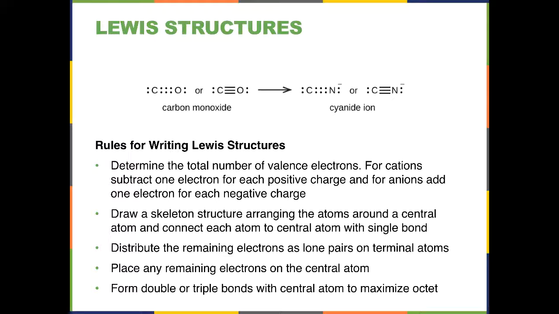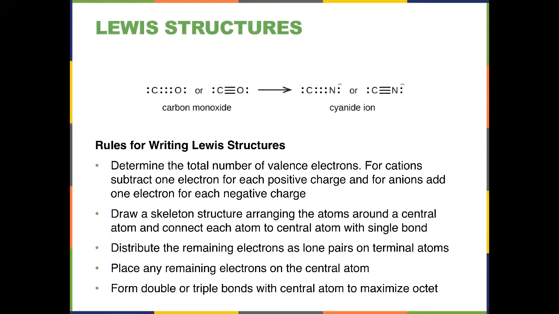So if you put 2 dashes between the oxygen and the carbon, which means you have to take 2 electrons away from one of the 2 elements, let's say we take 2 electrons from the oxygen, so it only has 2 left on the outside, and it has 2 pairs from the bonding, so it still only has 6. And then the carbon has 4 on the outside, and the 2 pairs make it fulfilled.